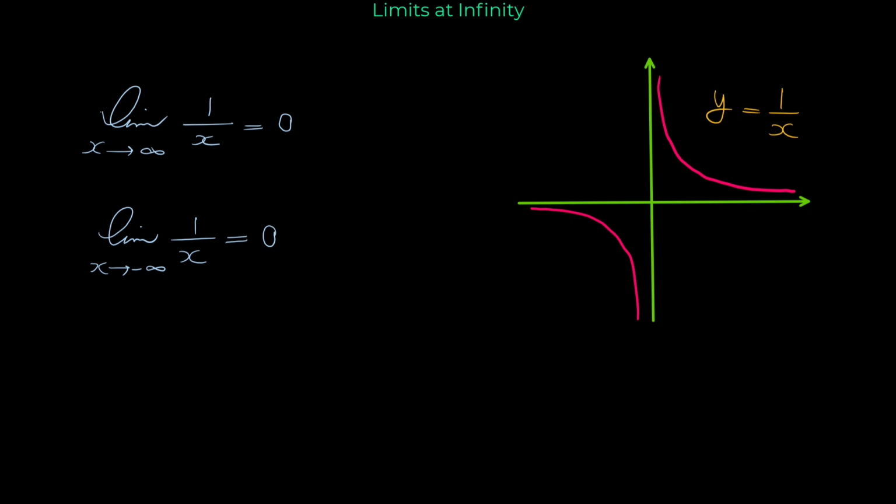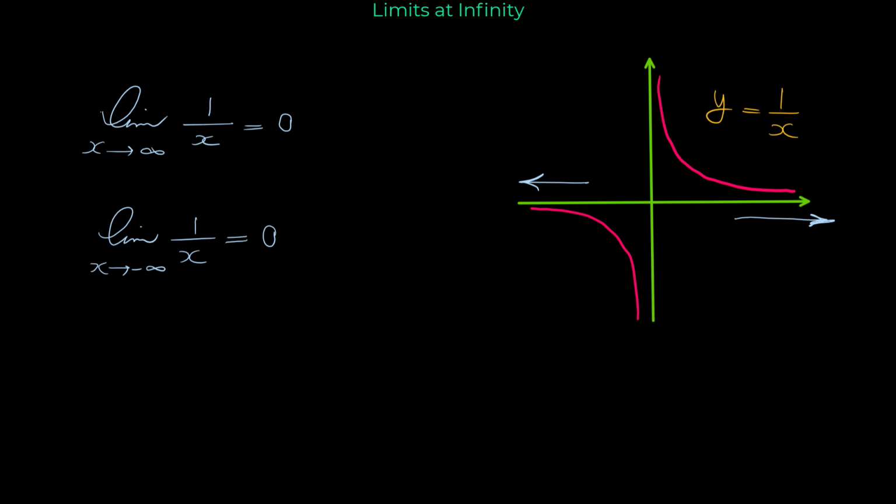0. Also, if we look at the graph of the function y equals 1 over x, here you can see the graph of 1 over x. When x approaches positive infinity or when x approaches negative infinity, in both cases, something happens. When x approaches positive infinity, the y value of the function approaches 0.